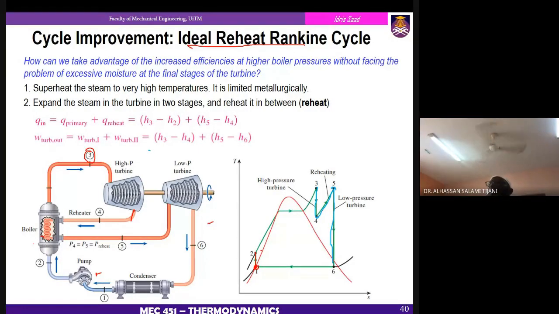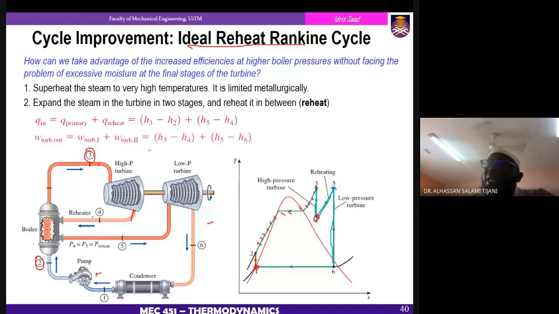And then we have constant pressure heat addition from 2 to 3. Then eventually we will have expansion in the high pressure turbine from 3 to 4.